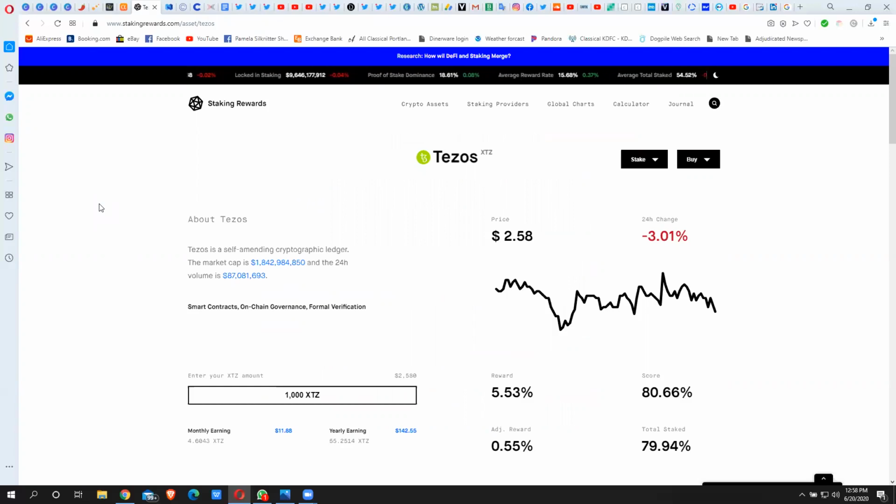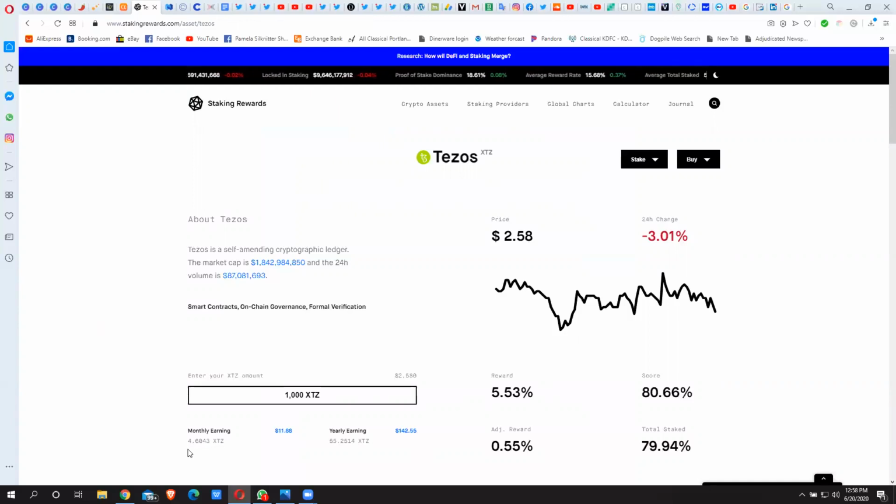You can see here you got 1,000 XTZ. They're saying at today's market rate it's worth $2,580, and your monthly reward for pledging your coins would be $11.88 based on today's current price. But what's important to understand here is that it's going to be a fixed number of the underlying assets that's returned to you.